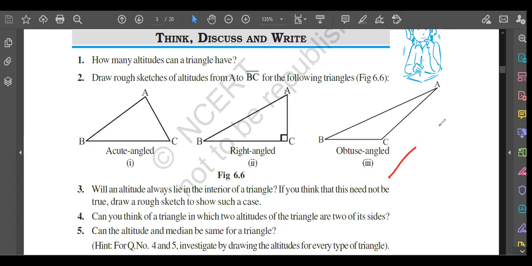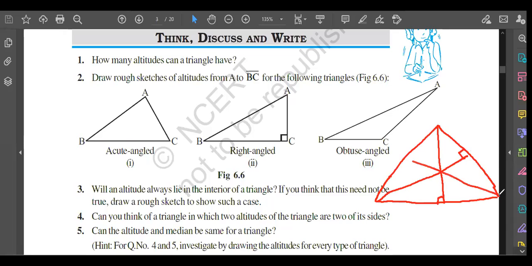Suppose we have an equilateral triangle. In case of an equilateral triangle, the altitude and the median both are same. Got it? So write it, everyone. In case of an equilateral triangle, your altitude and median are same.